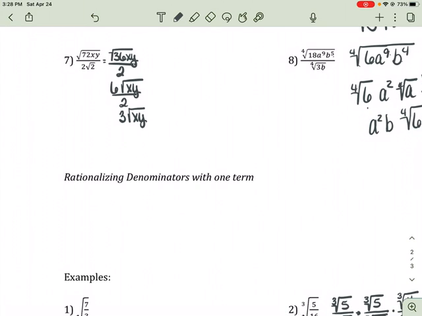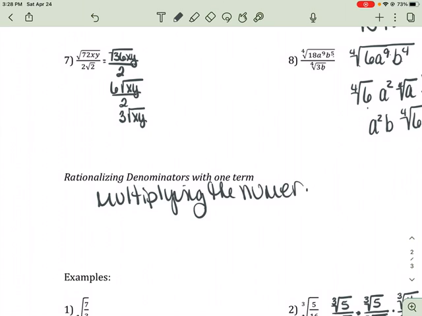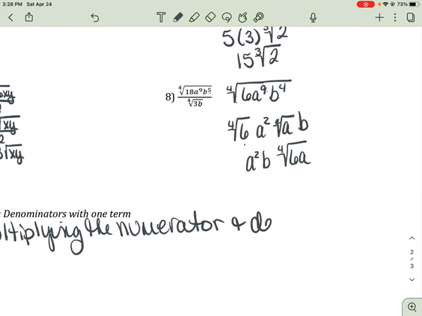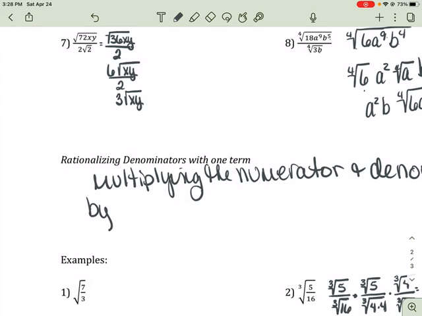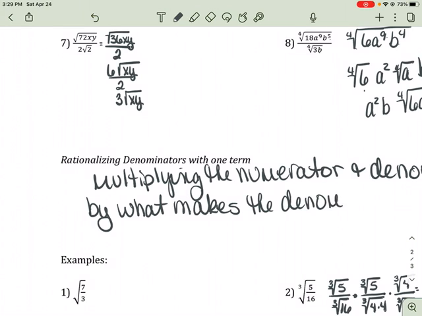So basically, we're going to rationalize the denominator by multiplying the numerator and denominator by, shall we say, what makes the denominator a perfect square, because nobody really cares about the numerator.